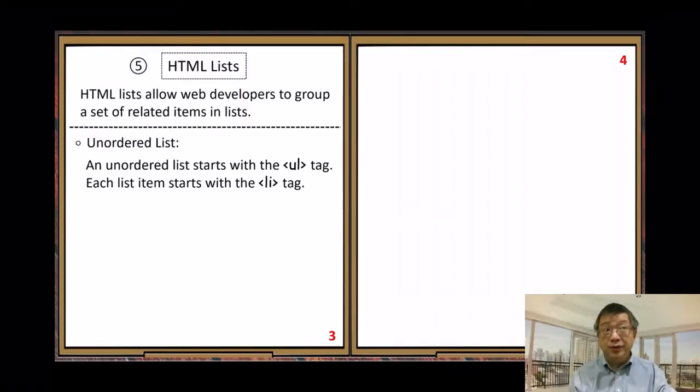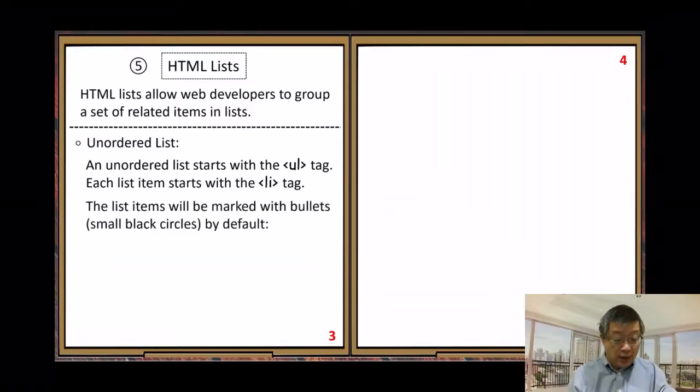Each item starts with the LI tag, list item. The list items will be marked with bullets by default.